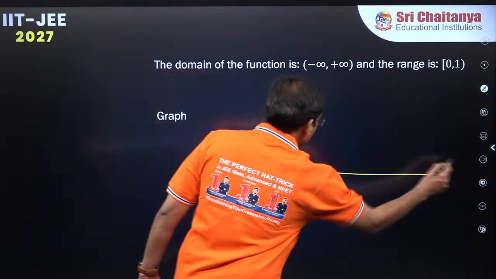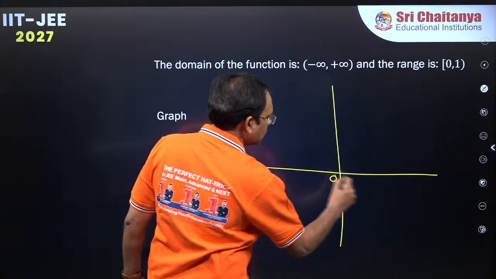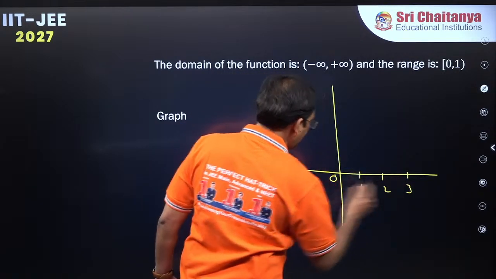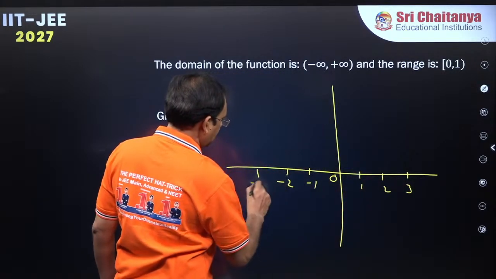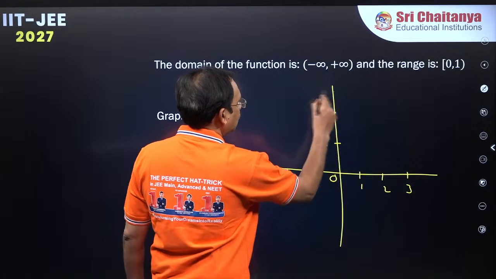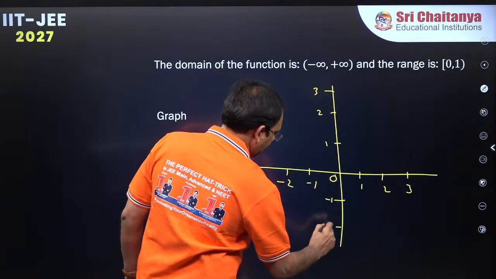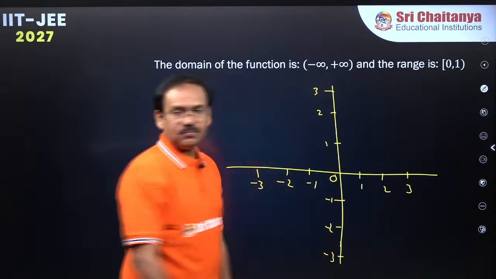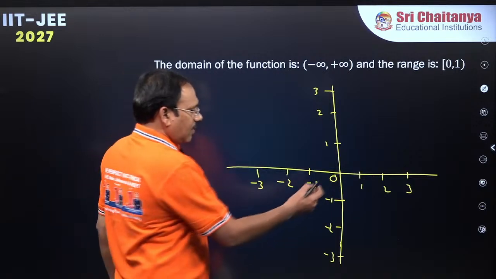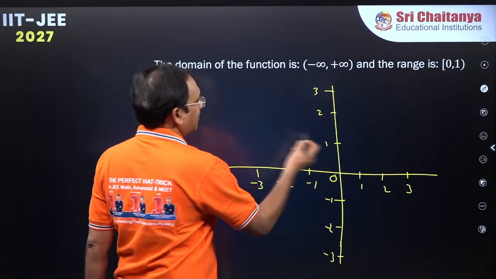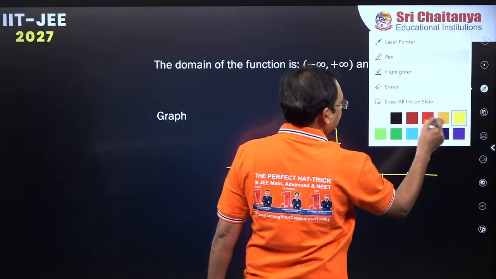You just take x-axis, y-axis, 0, 1, 2, 3, and minus 1, minus 2, minus 3. Dear students, for 0, fractional part is nothing but 0 itself.